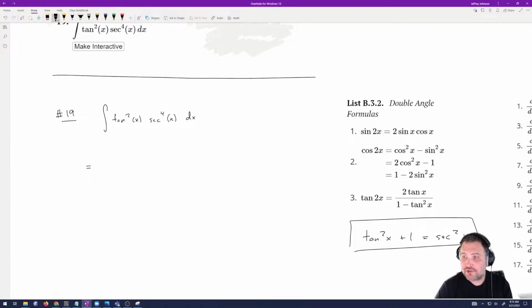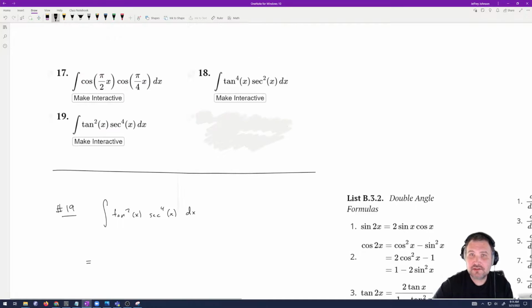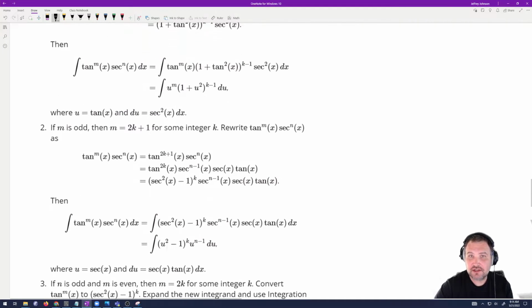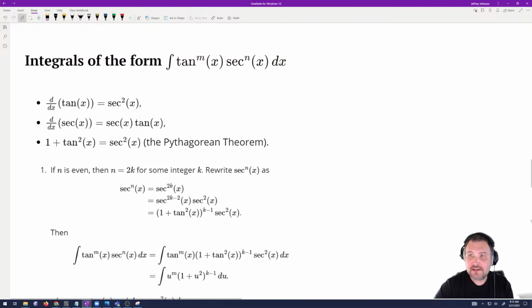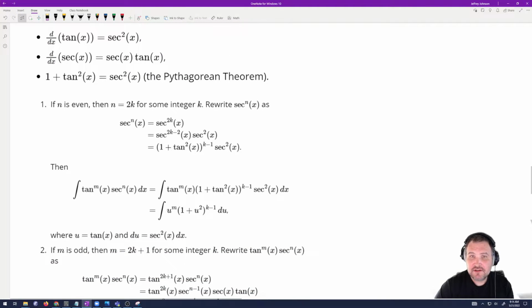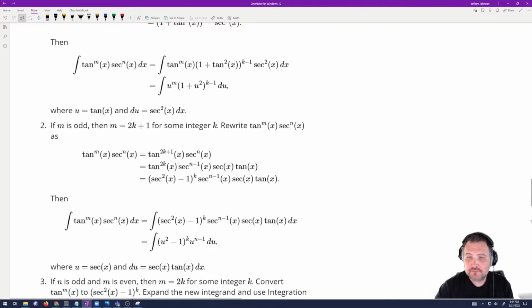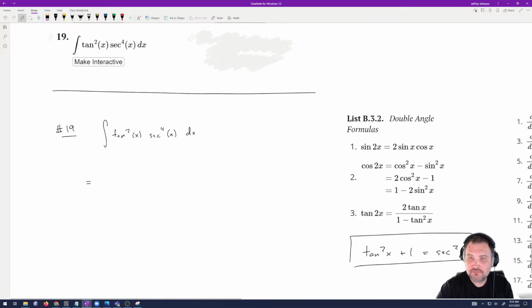So how can we trade out the secant squareds? Well, the recipe tells us what to do, so let's take a look. It says if n is even, n being the power of secant, which it is, then we can replace an even number of the secant squareds, all but 2 of them, with 1 plus tan squared. So that's what we'll do.